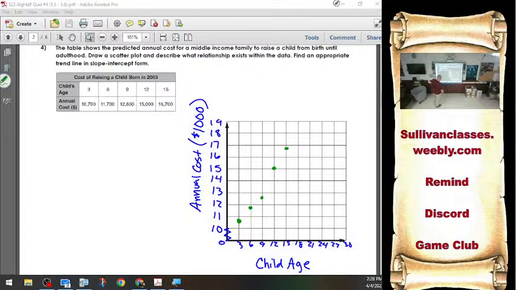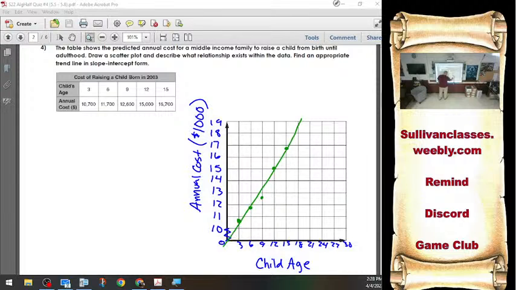I'm gonna say if I kind of shoot through, because this one was a little bit off. Here's my line.